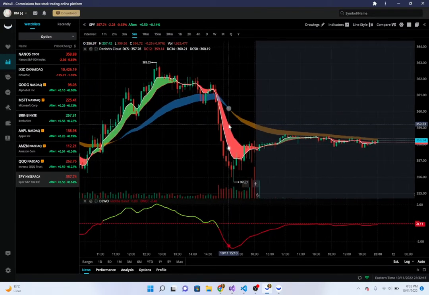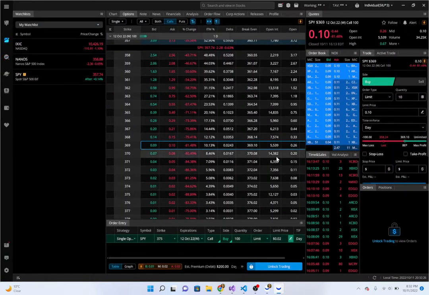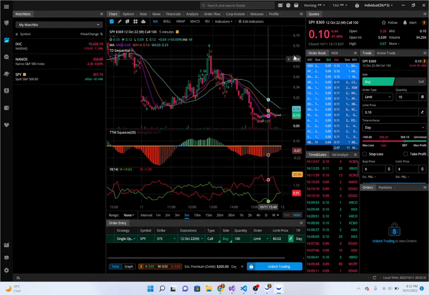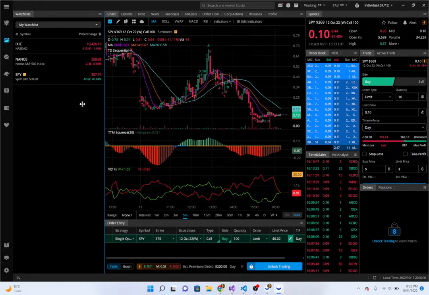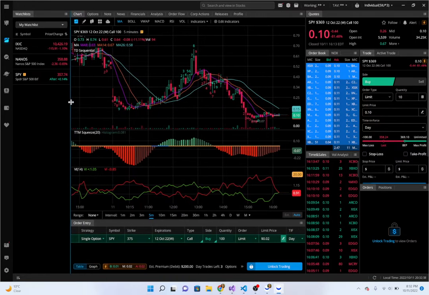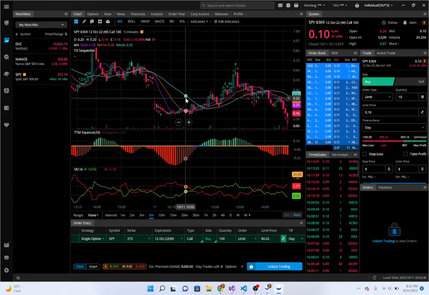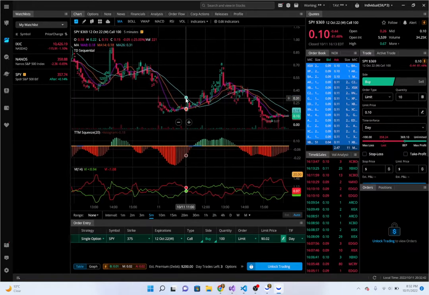But let me show you something else. I will show it on the actual Webull desktop. This is the actual Webull desktop. On the actual Webull desktop, let me move things around.